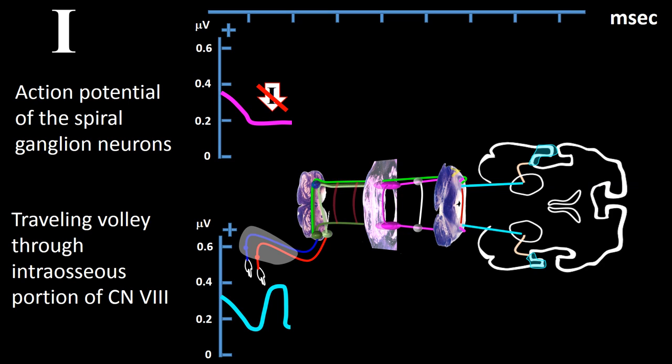The wave is present in the ipsilateral side, but never before 1.2 milliseconds after the stimulus. No wave 1 is present in the contralateral side. The yellow arrows I have introduced now are there to depict their site of origin.